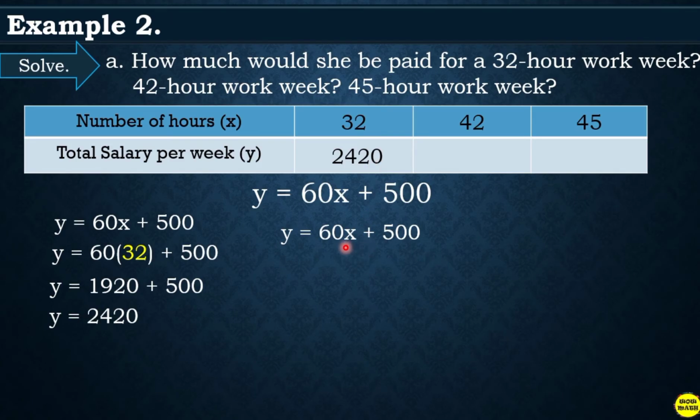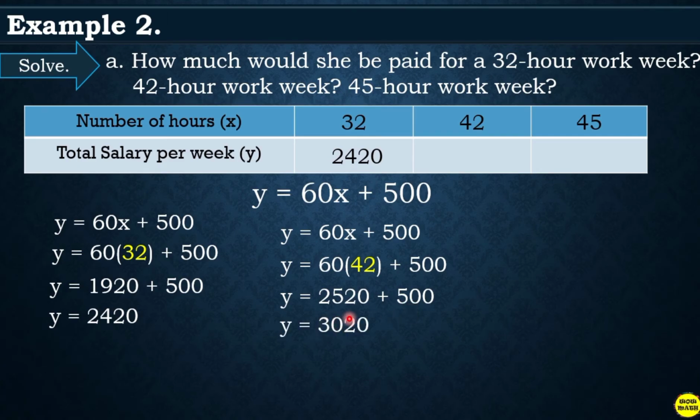Okay? So, let's have the next one. So, ito naman, paano kapag nag-work siya in 42 hours? Okay. So, 42 hours, ita-times natin siya by 60. So, 42 times 60, that is 2,520 plus yung 500 na additional niya sa loob ng isang linggo, then we will have 3,020. So, ito ngayon, ang sahod niya sa loob ng isang linggo kapag nakapag-accumulate siya ng 42 hours sa loob ng kanyang duties, and that is 3,020.